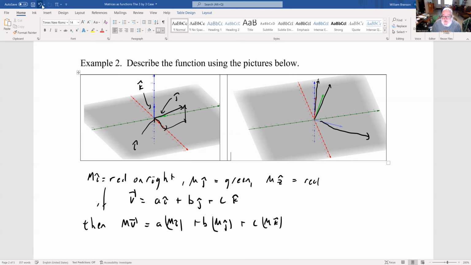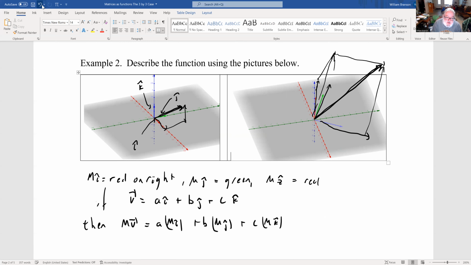So we start by taking these two vectors. We form a little parallelogram in 3-space. We get that vector, the sum of this one and this one. Then I take this sum and we draw the parallelogram. And so this vector here, which is my vector v, gets mapped to this vector.